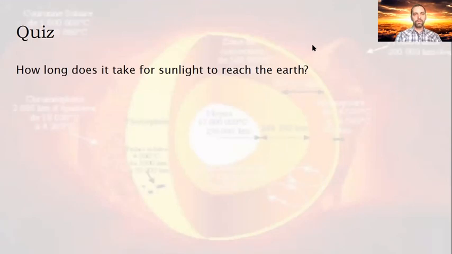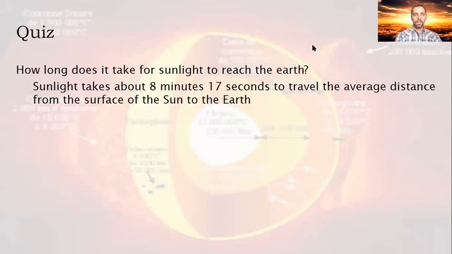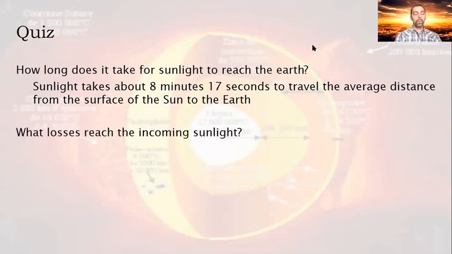We finished this part of the video, so it's time for a quick quiz. The first question, how long does it take for sunlight to reach the Earth? Do you remember? It takes about 8 minutes and 17 seconds to travel the average distance from the surface of the Sun to the Earth, which is 150 million kilometers. The second question, what losses reach the incoming sunlight?